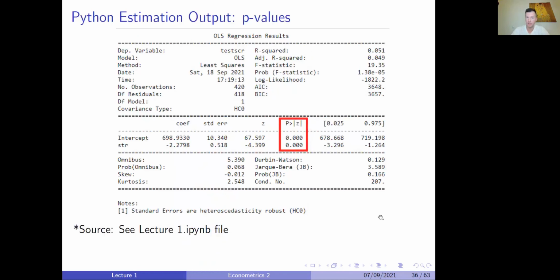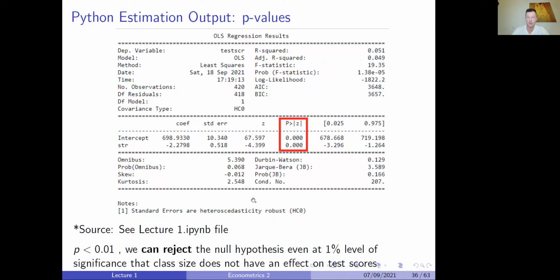So in our case, in the regression output from Python, we have these p-values, and you see that they are less than even 1/1000th, like it's less than 0.1%. Which means that the p-values are less than 1%, and we can reject the null hypothesis even at 1% level of significance.